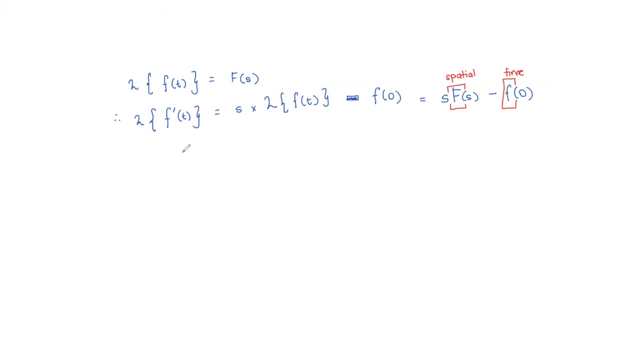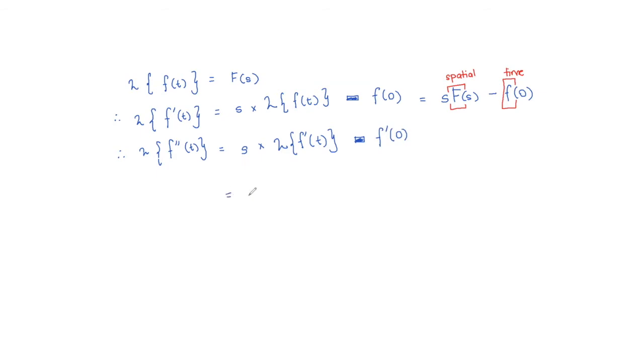Now, by referring to the above function, we can derive the Laplace of the second order derivative, which is the Laplace of f prime prime t. Similarly, this is equivalent to the variable s multiplied with the Laplace of the first order derivative, which is f prime t, and we should minus this with the initial value of the first order derivative, which is f prime t when t is at time 0.